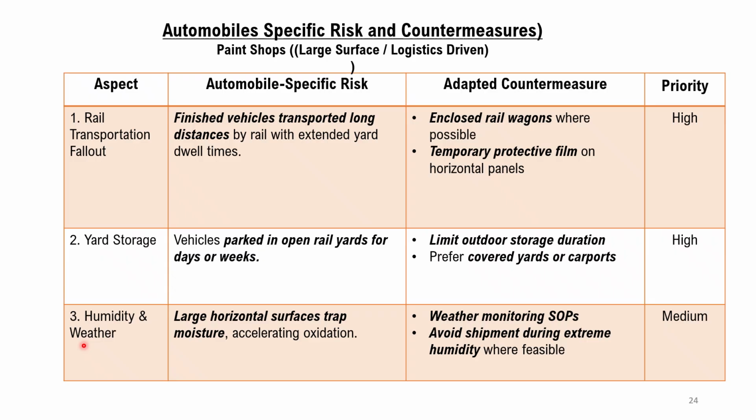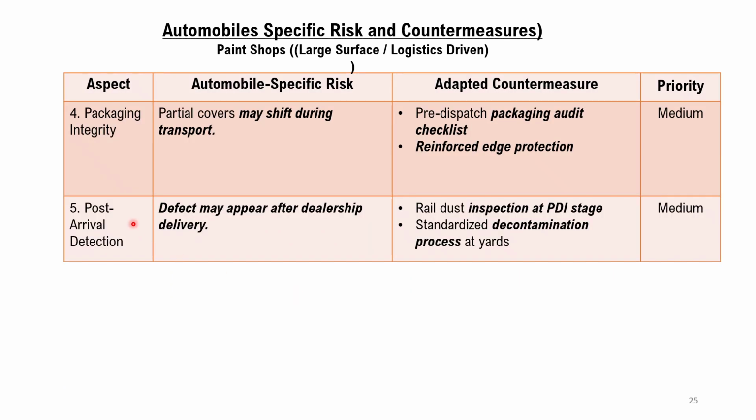Third aspect is that of humidity and weather. Large horizontal surfaces trap moisture, accelerating oxidation. Therefore, what you should do is weather monitoring SOPs and avoid shipment during extreme humidity where feasible. Coming to packaging integrity, partial covers may shift during transport.